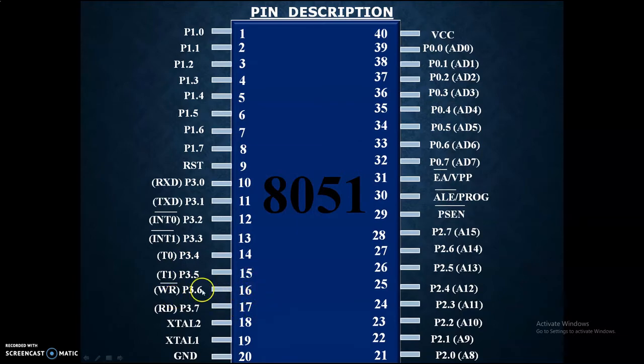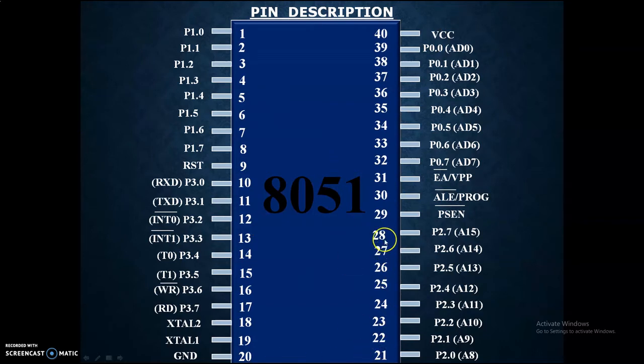Pin number 16 represents write, and pin number 17 represents read. Pins 18 and 19 are used for the crystal oscillator circuit. And as we know, if the notch is on this side of the IC, then the ground will be pin number 20 and pin number 40 will be VCC. So we'll go by this.